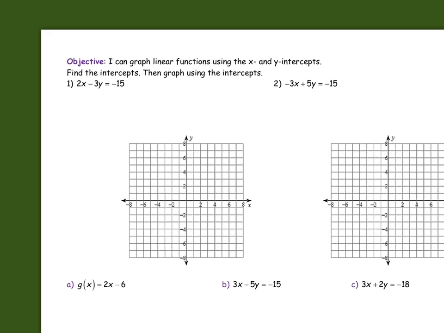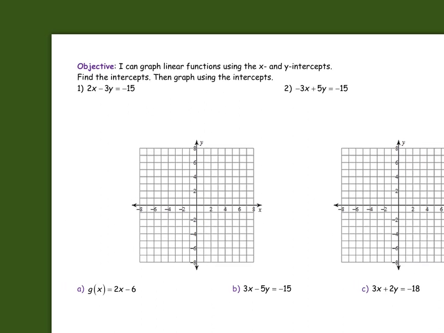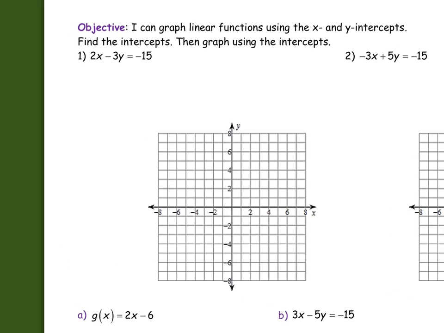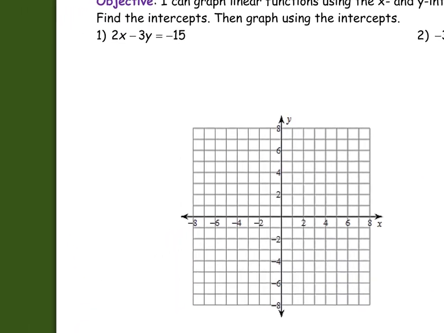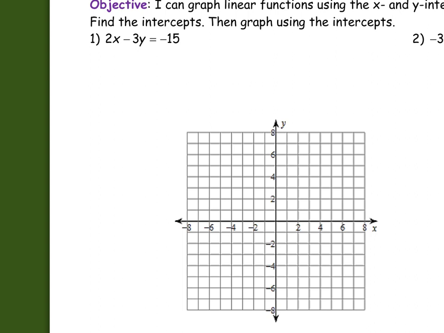Okay, so here we go. It says I can graph linear functions using the x and y intercepts. So I'm going to find the intercepts. I'm going to find my x-intercept, which is some point, 0. So I'm going to set y equal to 0. So wherever there's a y, I'm going to put a 0.